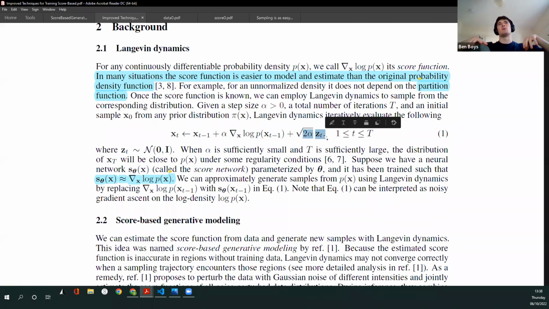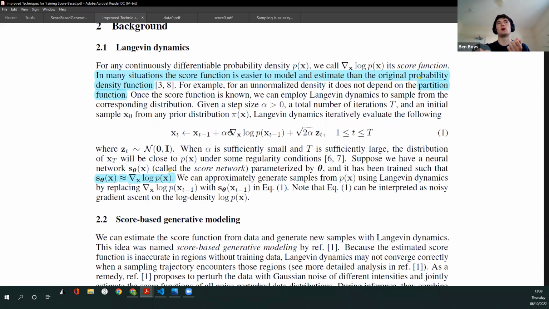So there's that link there that's stopping the noise from taking over from the drift. And there is a trade-off in picking alpha, but ideally you have alpha as small as possible. In practice that's not feasible because you only have a finite number of function evaluations. So to explore the whole space of the circle, you want a trade-off: alpha small enough so that the numerical error of this discretization is small enough that the distribution of x will be close to p, but large enough so that you explore the whole space.